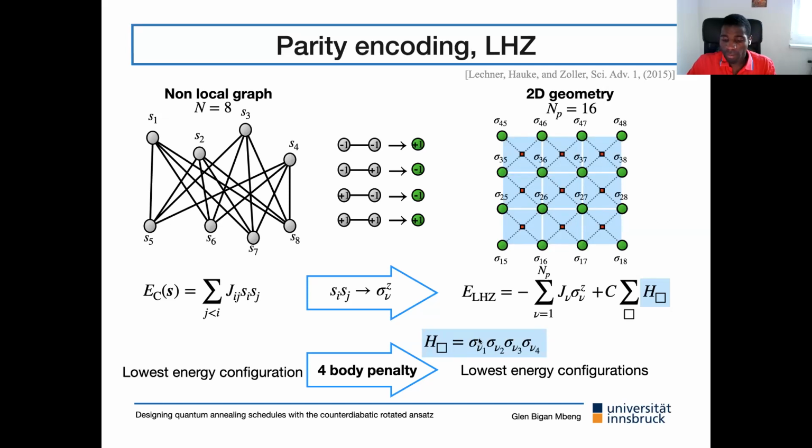However, since the space is increased, we have to introduce constraints which allow the ground states of the two Hamiltonians to coincide. So we can minimize the LHZ Hamiltonian instead of minimizing the original Hamiltonian. And this provides a local Hamiltonian in 2D, which can be implemented more easily.